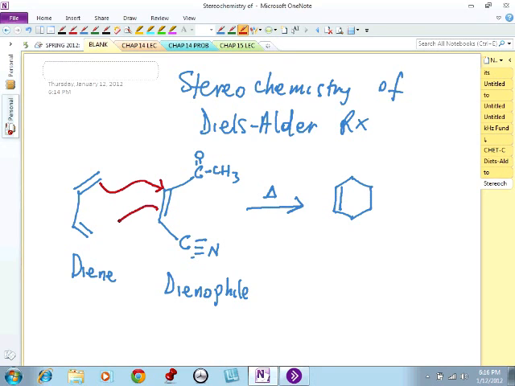Of course, now this moves to here, and all of these things are happening at the same time. And now this pi electron goes here. So this is what we call a concerted reaction mechanism. Okay, so now you form this product.